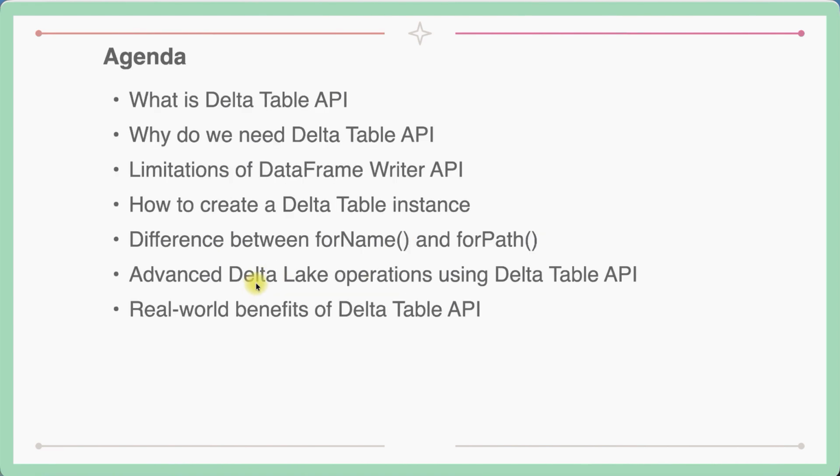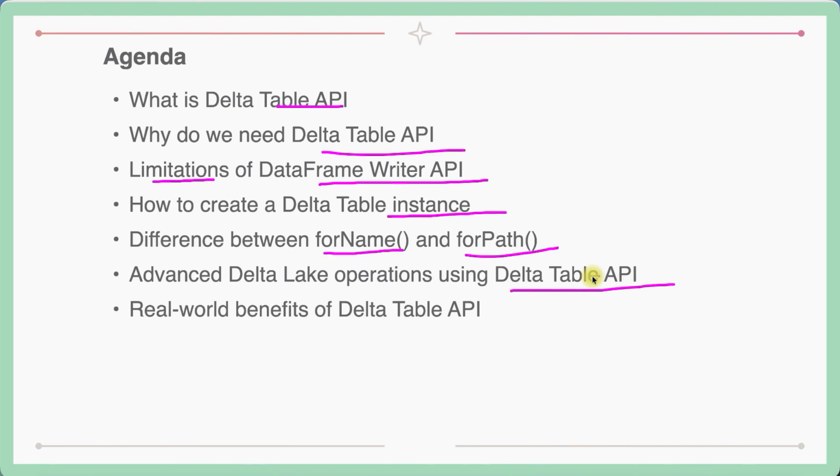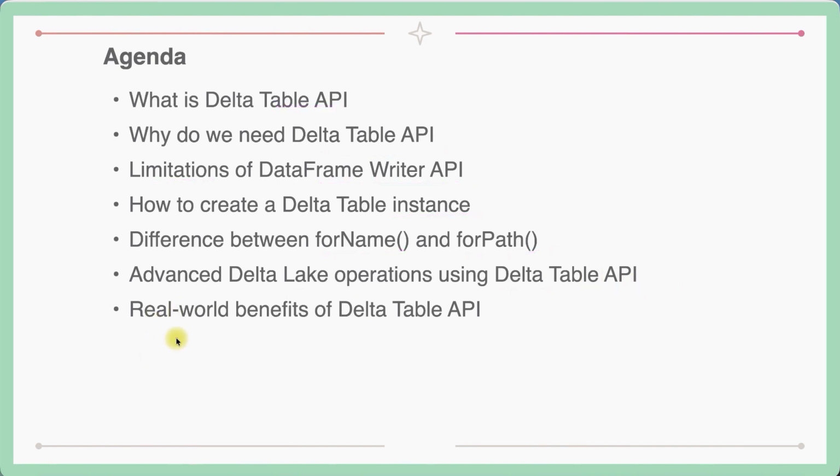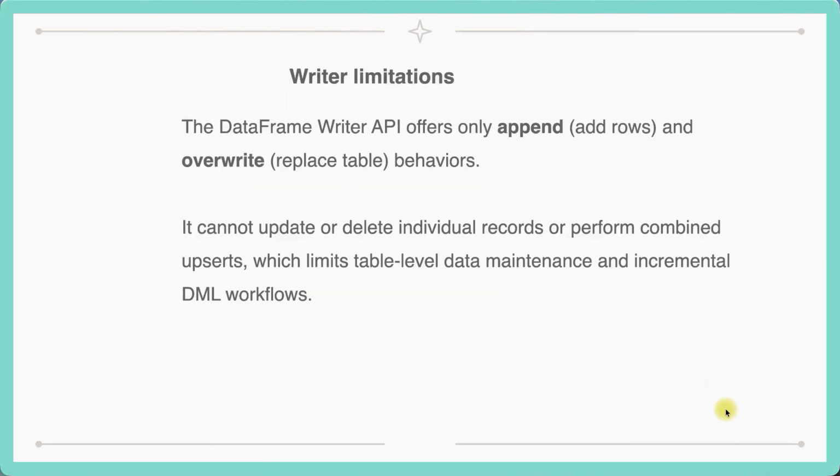In this video I will explain what the Delta Table API is, why we need it, the limitations of the Delta DataFrame Writer API, how to create a Delta table instance, the difference between forName and forPath, and advanced Delta Lake operations using the Delta Table API like delete, update, insert, and merge. I will also show you the real-world benefits of the Delta Table API. So let's get started.